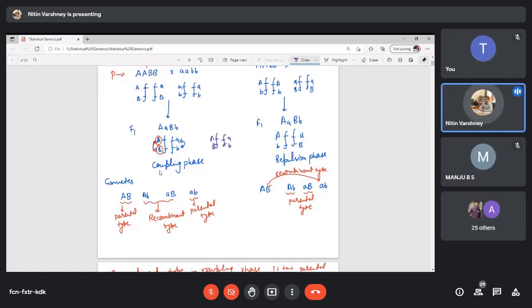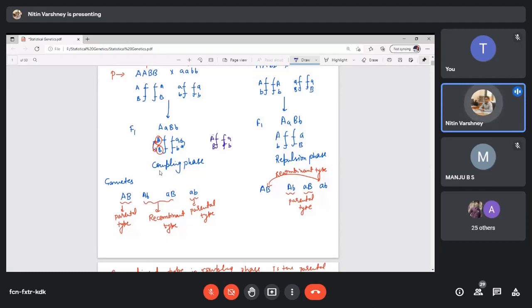During cell division, the crossing over will not be present. Crossing over is the exchange of loci, or genes, in the chromosome. So this will not happen in complete linkage.